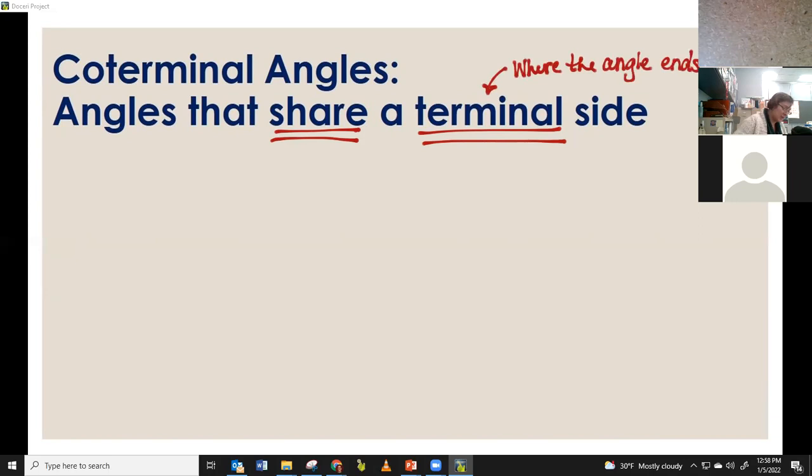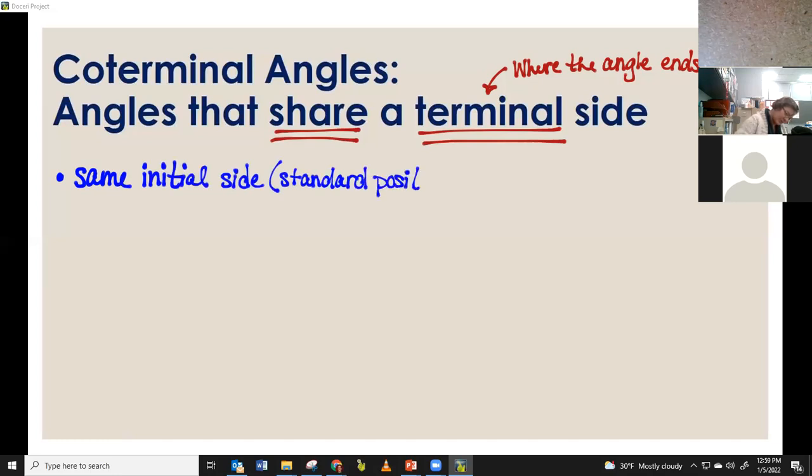They're going to have the same initial side. All of the angles that we are talking about are in standard position. And standard position means that shared initial side is where?